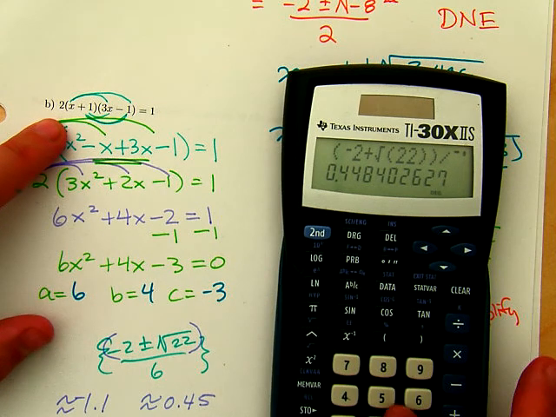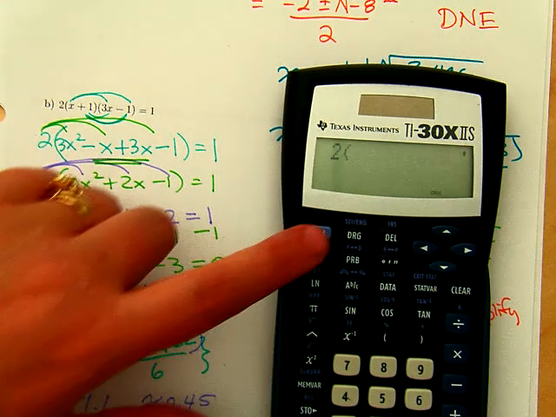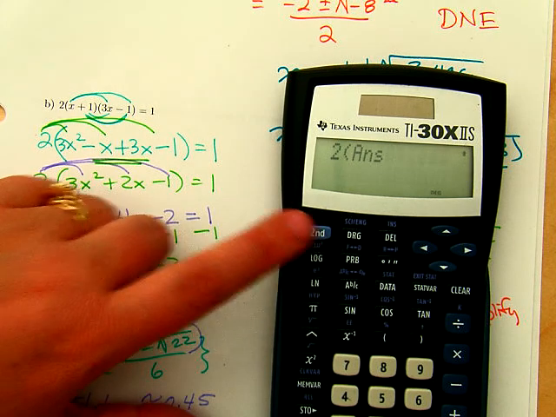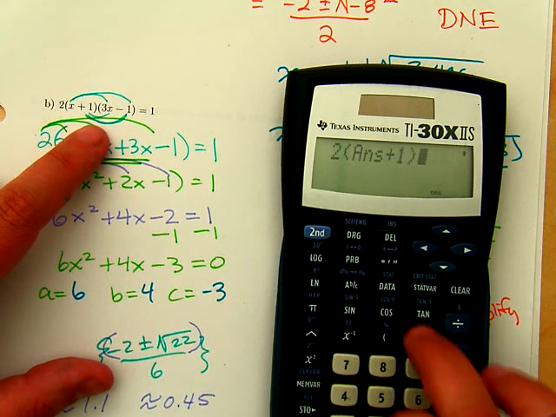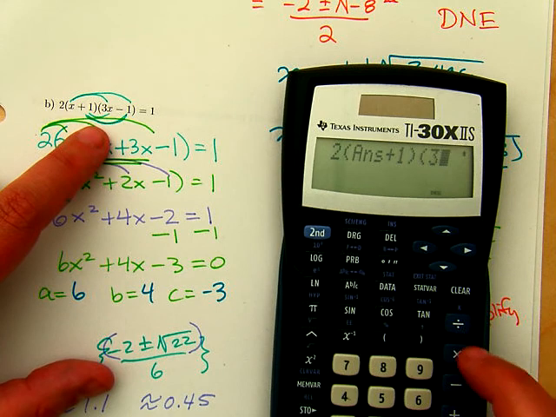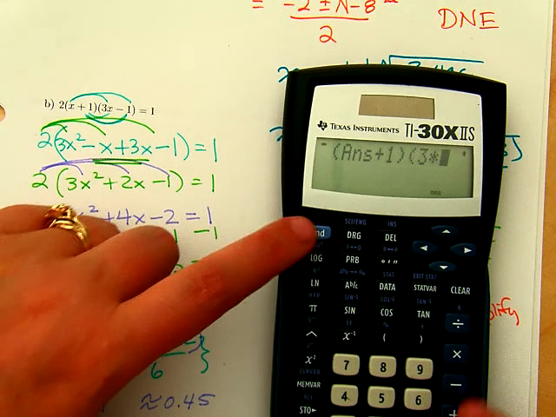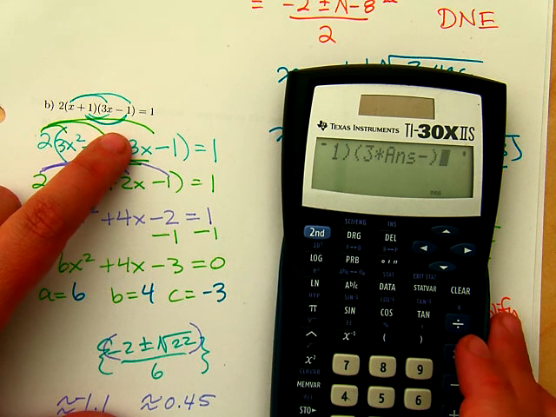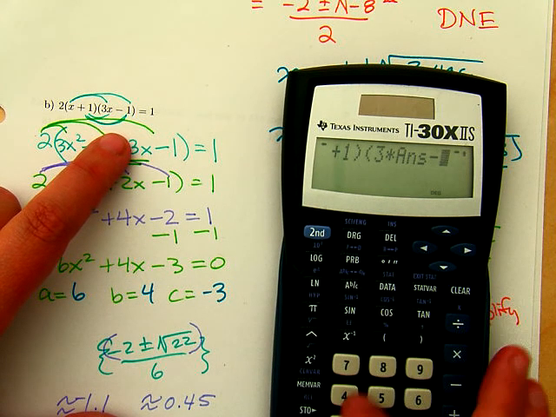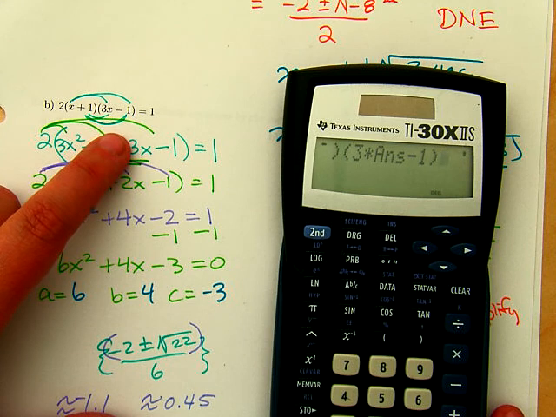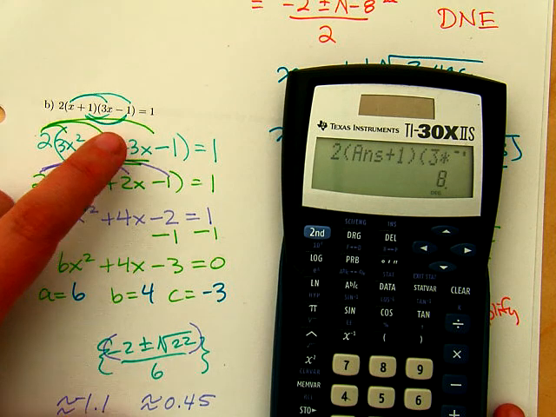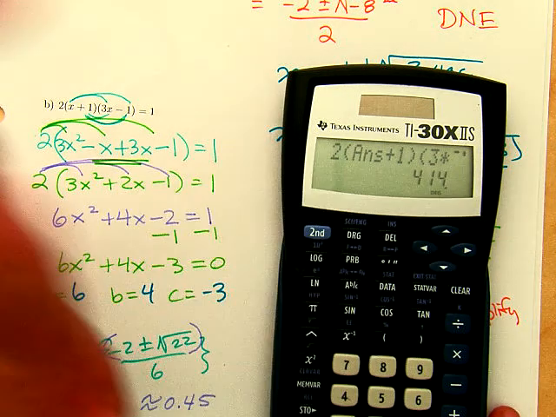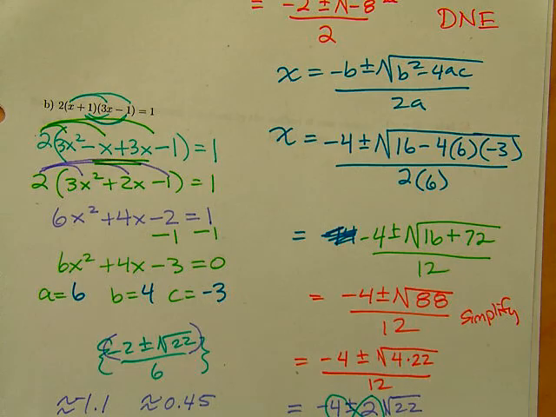Now to plug that in, I go 2 parentheses, second answer, plus 1, close parentheses, 3 times second answer, minus 1, close the parentheses. Okay, now I push enter. Oops, I pushed enter twice. It's all messed up now. But when I pushed the answer the first time, it was 1.